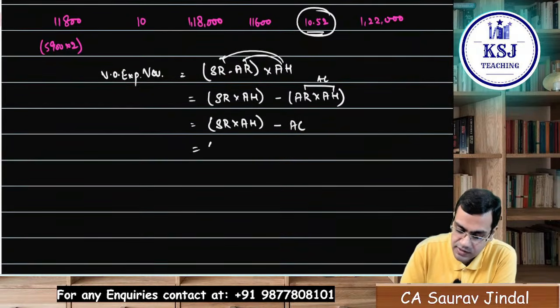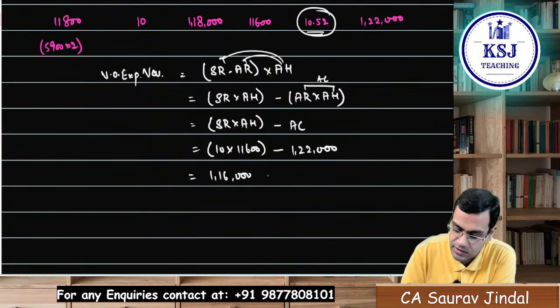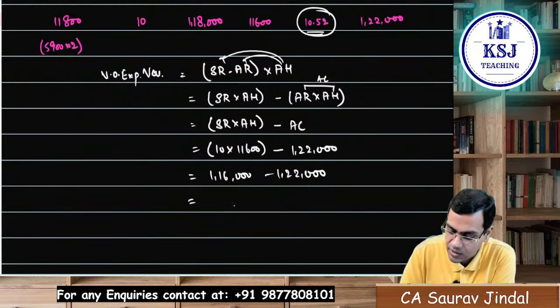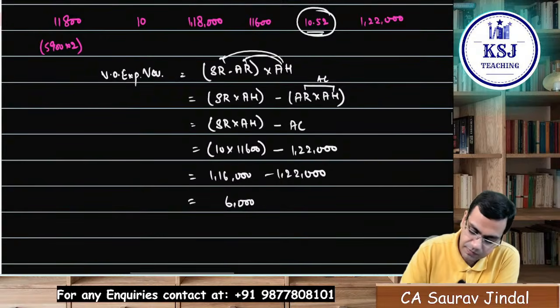The standard rate here is 10, actual hours 11,600, minus actual cost, which I can directly take as 1,22,000. That's it: 1,16,000 minus 1,22,000. Then you will get an absolutely accurate answer.